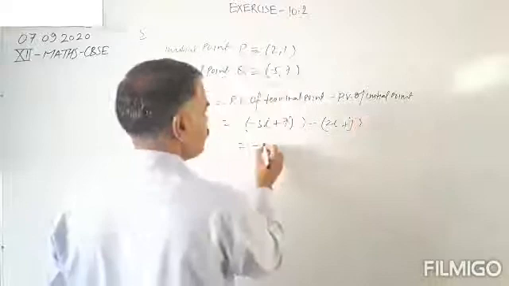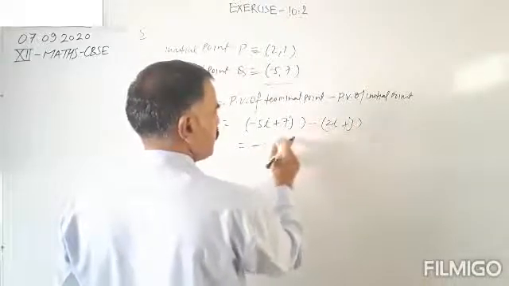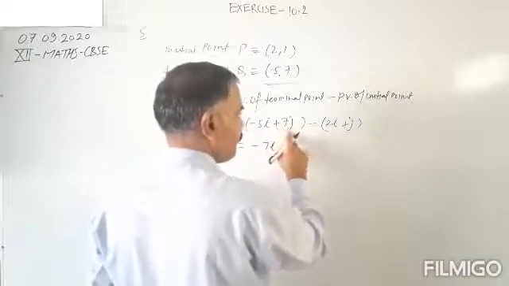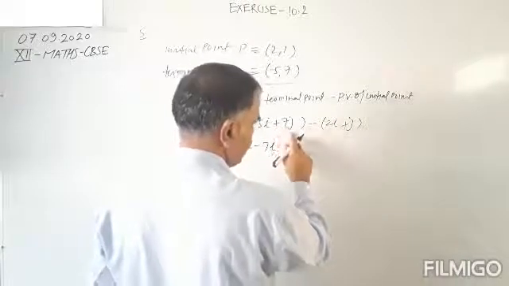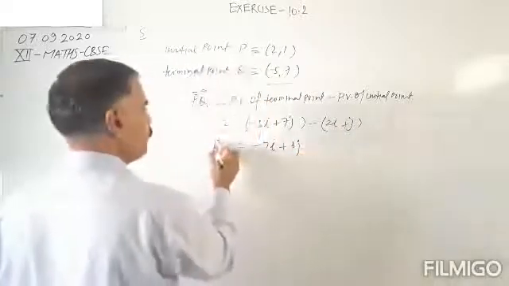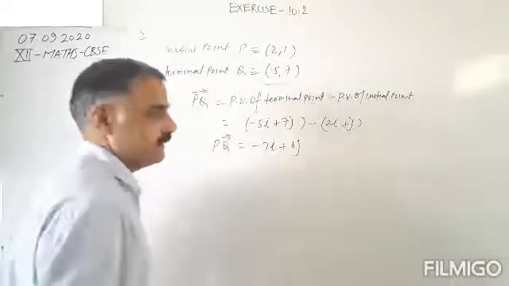So this is equal to minus 5 i cap minus 2 i cap, that is minus 7 i cap, plus 7j minus j, that is plus 6j. Okay, so PQ vector is this.